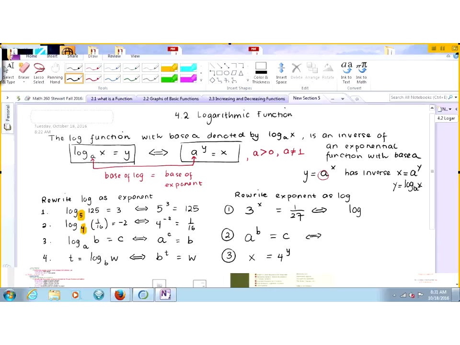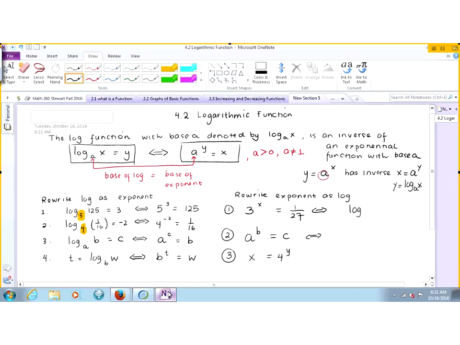Log base 3 of 1 over 27 is equal to x. What about a to the b is equal to c?